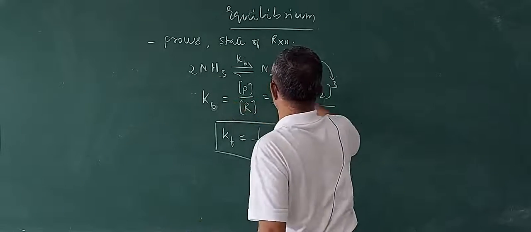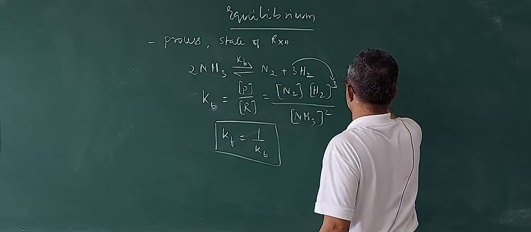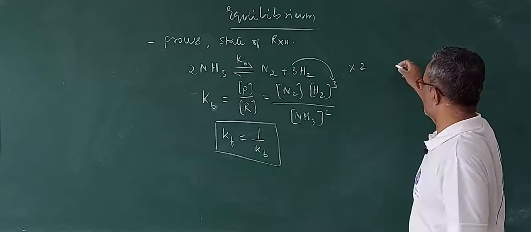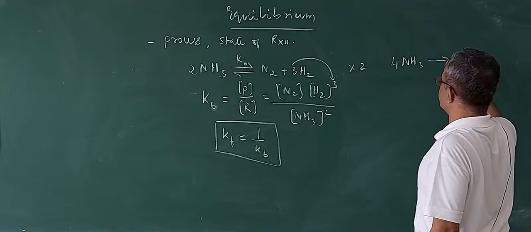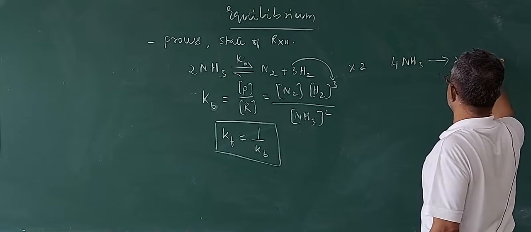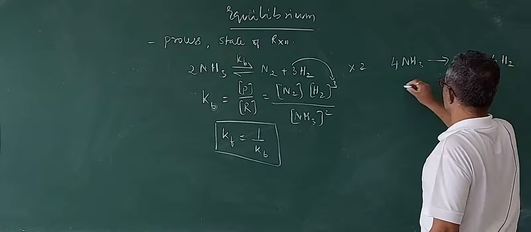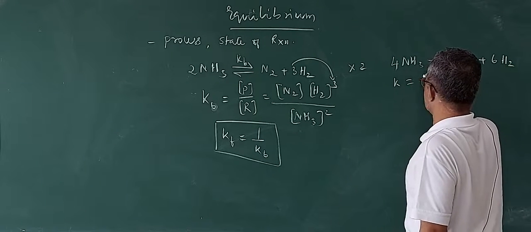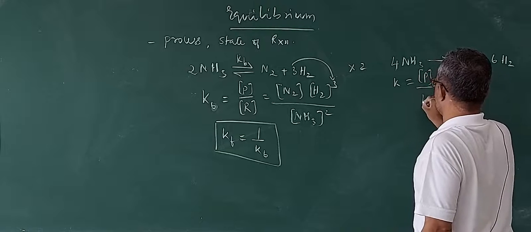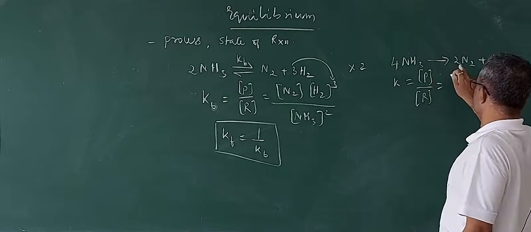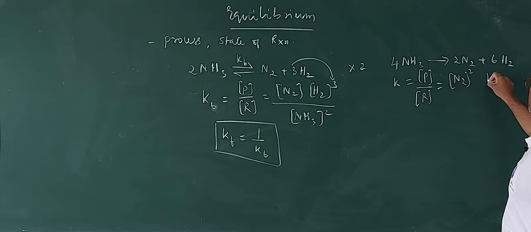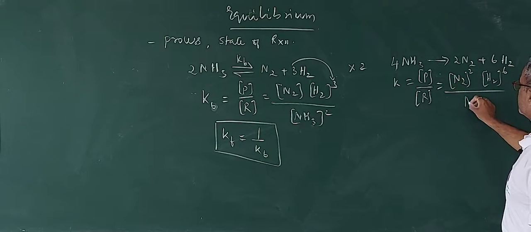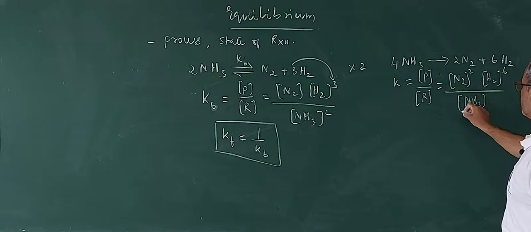Suppose you multiply this entire equation by a factor of 2. Then you will have 4NH3 giving 2N2 plus 6H2. Now, if you write the equilibrium constant for this, it will be product by reactants. The product is N2 squared, H2 raised to the power 6, divided by NH3 raised to the power 4.